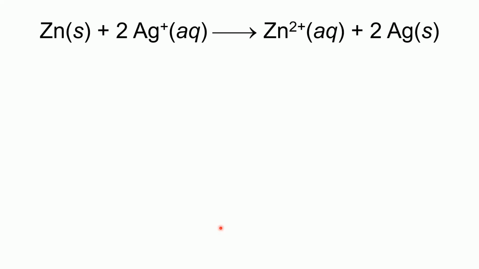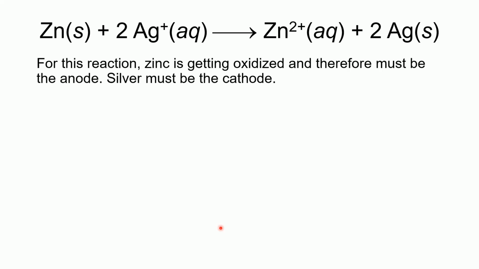All right, so now let's look at another one, and I picked one that has different stoichiometry on purpose for this. You'll notice here we've got zinc metal plus silver ion gives us zinc ion plus silver metal. In this reaction, zinc is getting oxidized, and so therefore it must be the anode, and that means that silver must be the cathode.